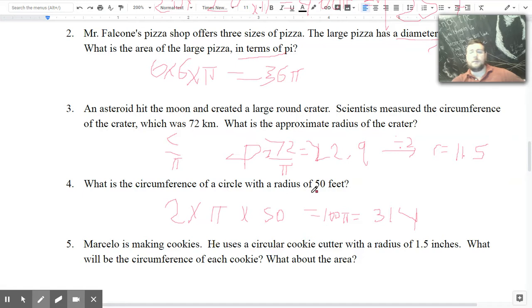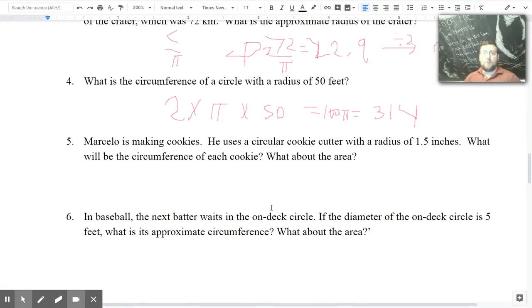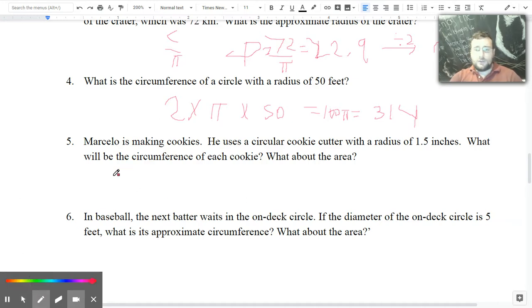All right? Part of my terrible handwriting with the mouse here. One more problem. So we have a cookie cutter that has a radius of 1.5 inches. What is the circumference of the cookie and the area? So we're going to find both. So circumference is just 2 times radius times pi. So that would be 1.5 times 2 times pi for our circumference.